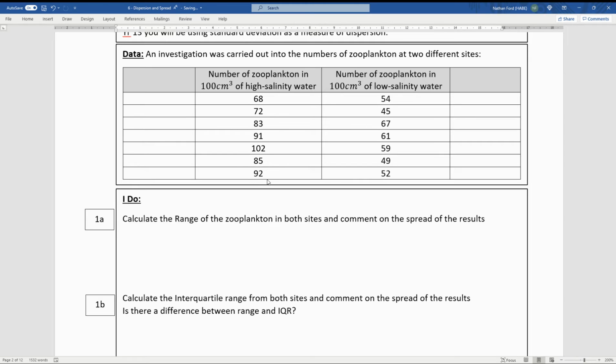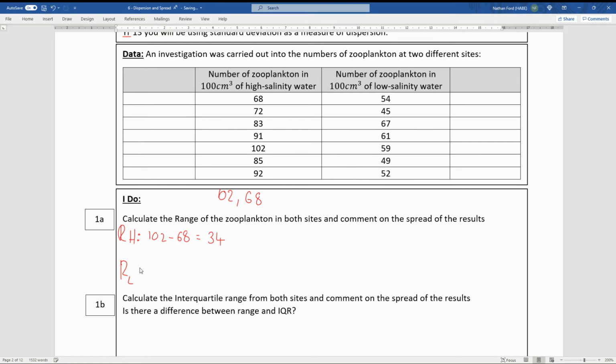The highest value here is 102, and the lowest value is 68. So the range for high salinity water will be 102 minus 68, which is 34.